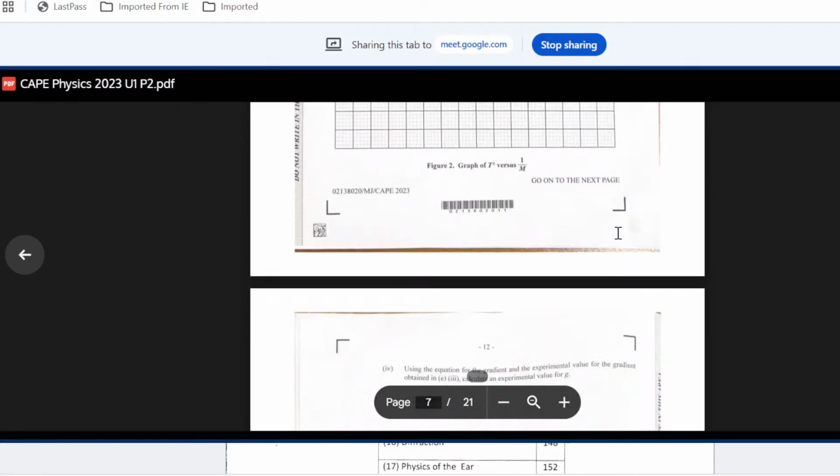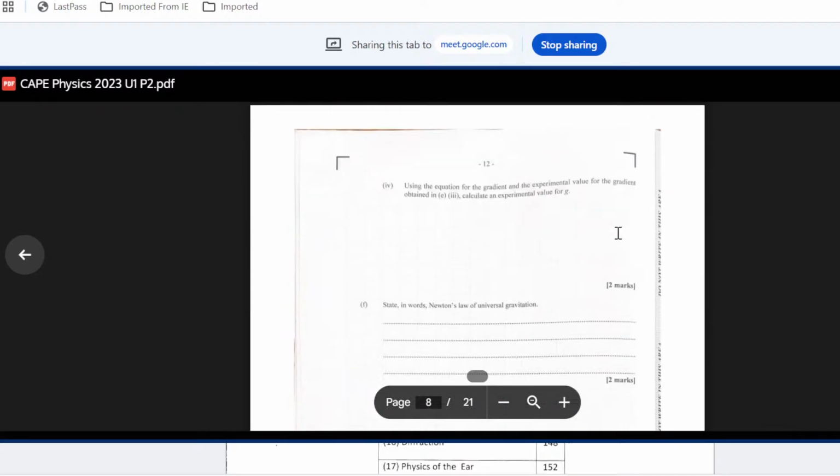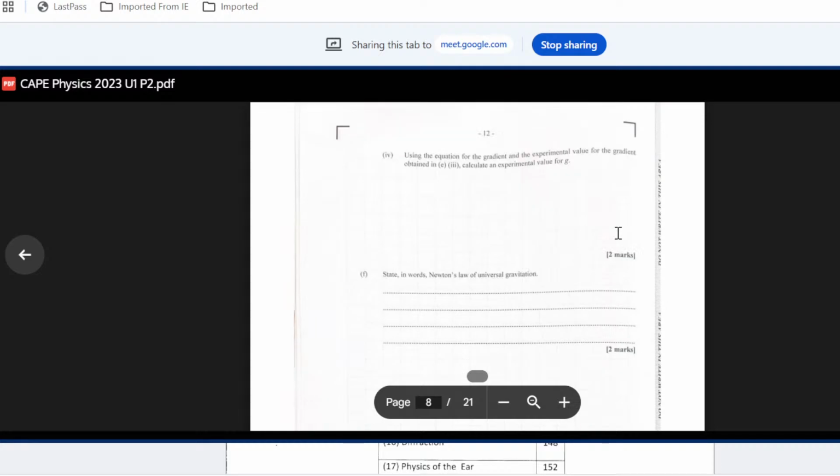We could plot the graph to see what would happen with that. You'd have to do the graph to do this.